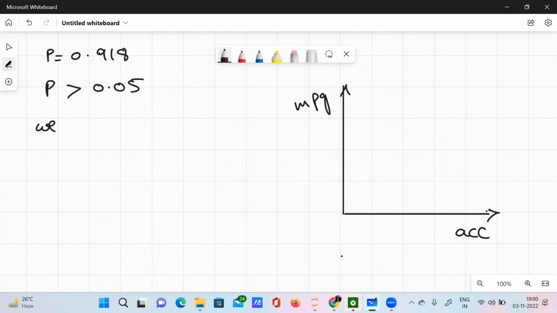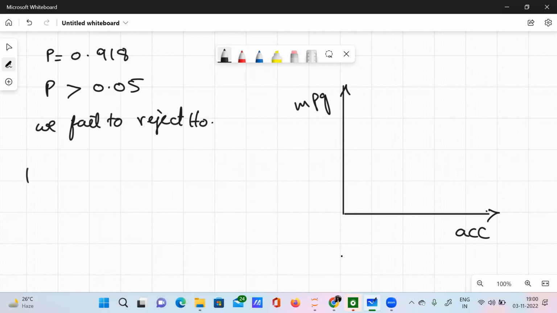I mean, we should never use the term accept, so that's why I'm not using it here. Because in statistical terms, we only say we have failed to reject the null hypothesis.